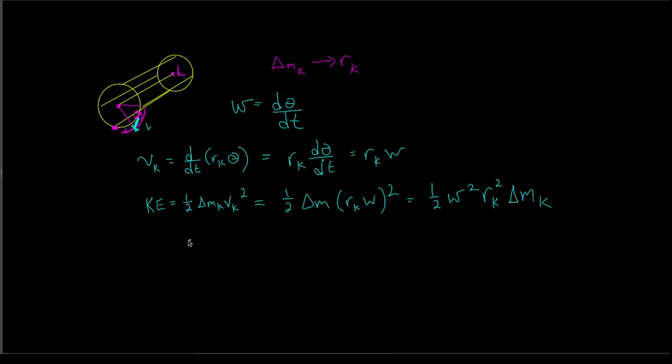And so the kinetic energy itself is going to be the sum of all of our angular velocity squared, our radial component squared, and all of our mass elements.